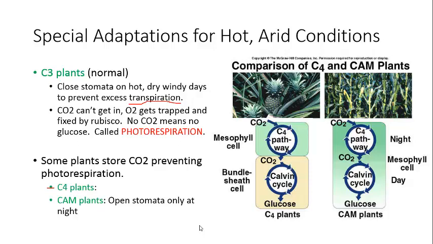C4 plants store it as a 4-carbon molecule. CAM plants store it as an organic acid. In addition, CAM plants, which tend to be more extreme and live in the desert, only open their stomata at night when it's much cooler. The stomata are always closed during the day. That completes this video.